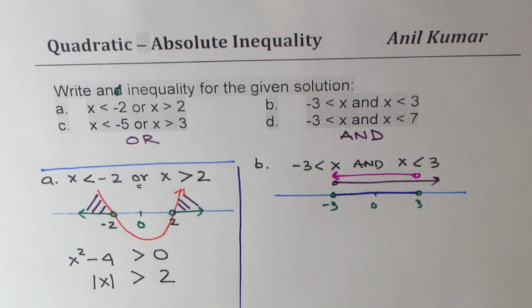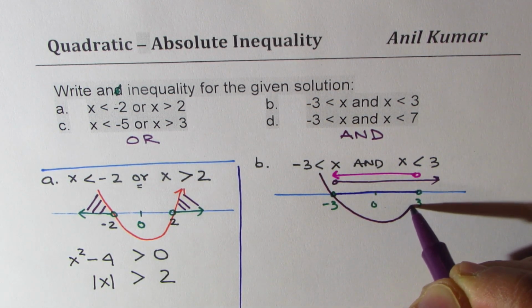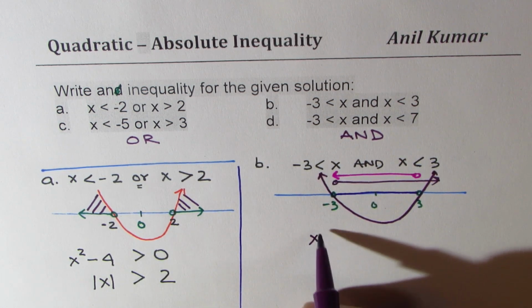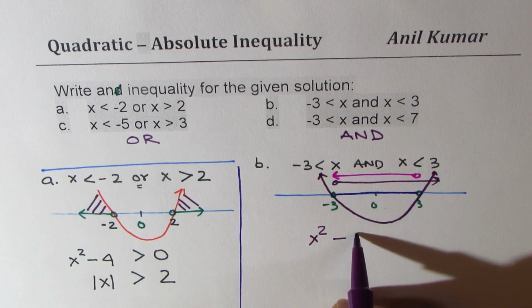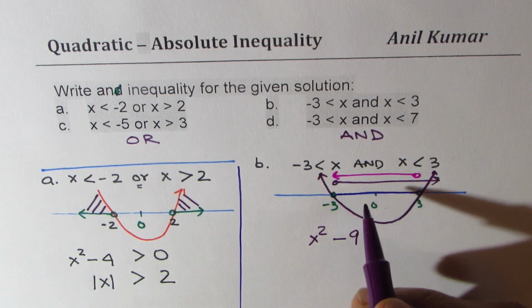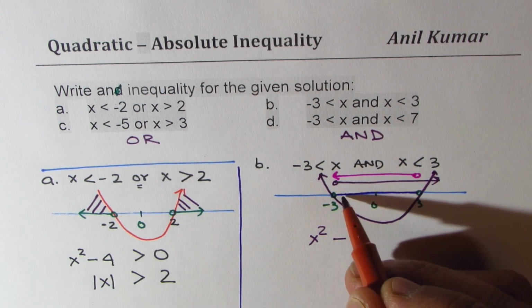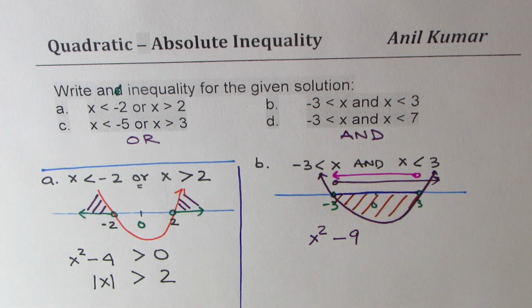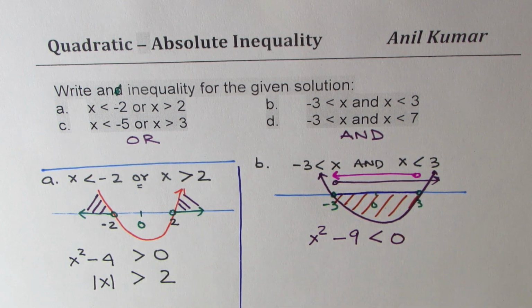Now, if I have to write an equation, then again I can take an example of a parabola, kind of like this, right? And write down an equation that x squared, now plus minus 3, square root of 9, right? And we are interested in the portion which is this portion. Parabola less than. Perfect. And therefore, it has to be less than 0.